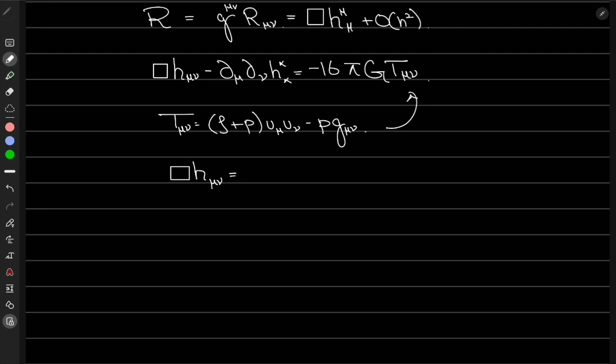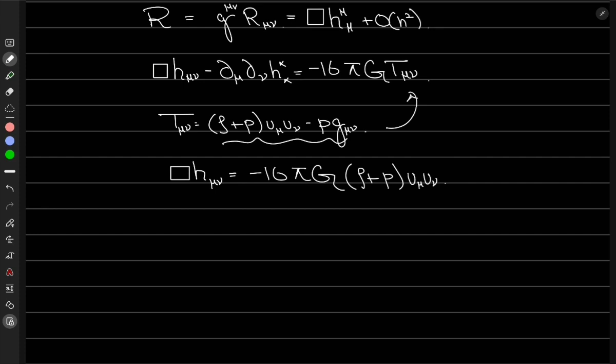This thing is equal to minus 16 pi G. Now what is T mu nu? It is this thing, right? So I'm going to write rho plus P, U mu U nu. So in this expression, note that I have neglected the order h squared terms to write down this equation.